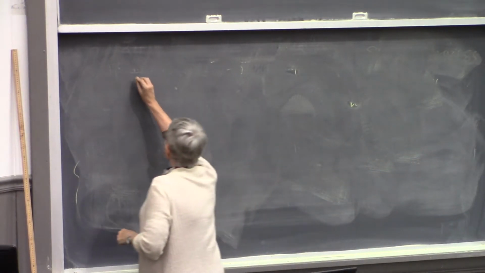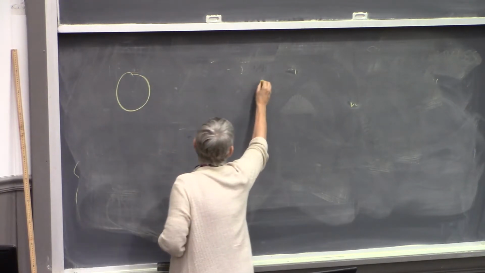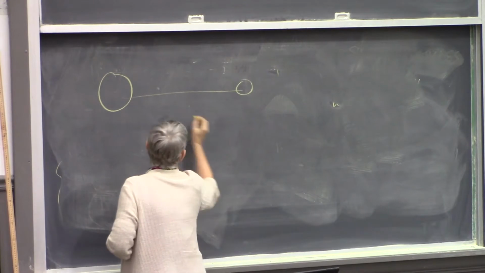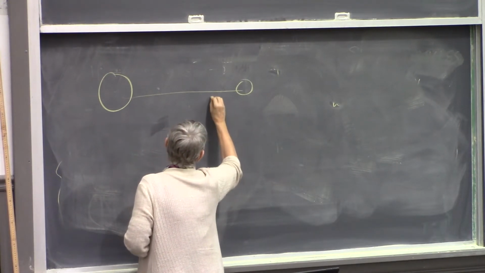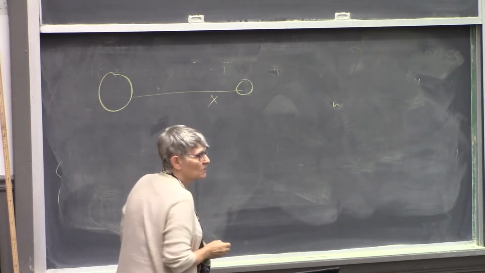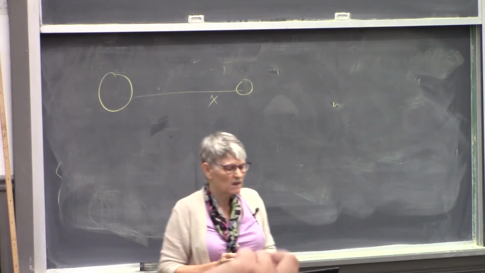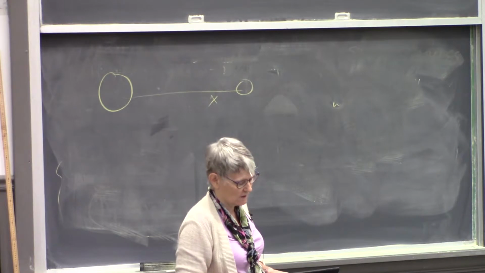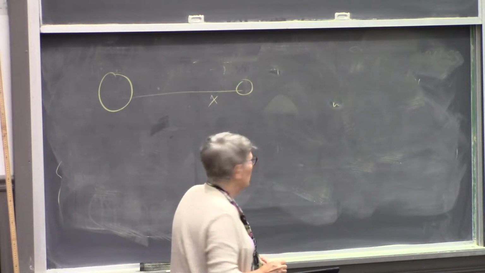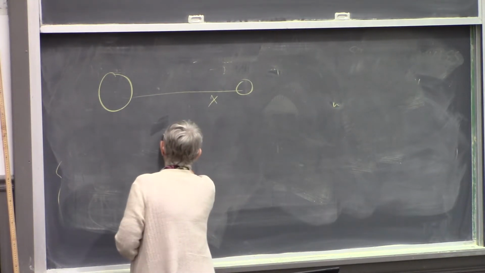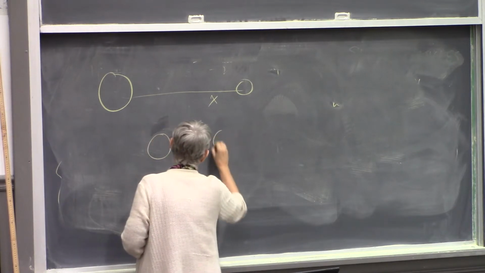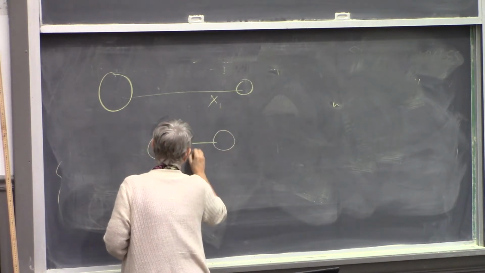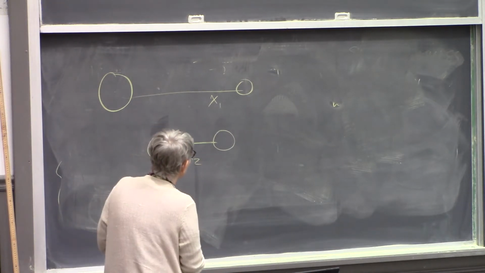So let's consider two gravitationally interacting objects that are a distance x apart. And then they move, so they're a different distance, x2 apart.